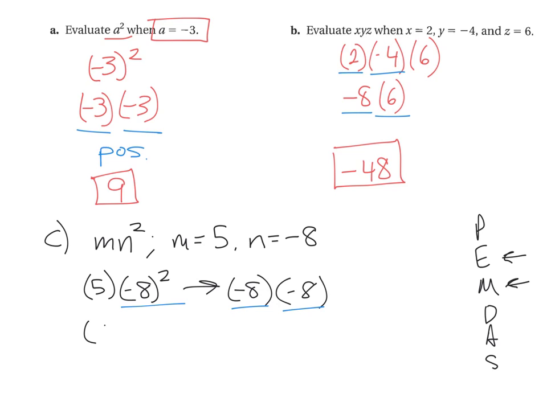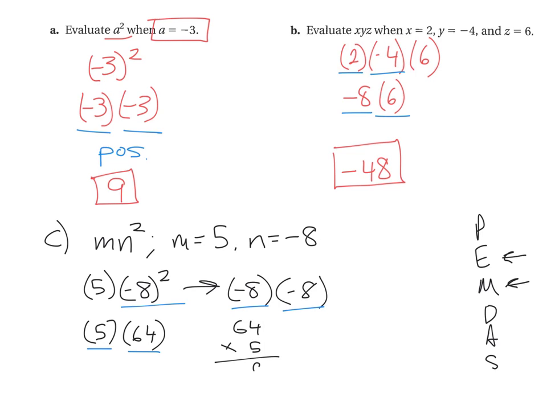So this is going to become 5 times 64. Positive 5 times positive 64. My signs are the same. I know my answer is going to be positive, and I just have to calculate 64 times 5.